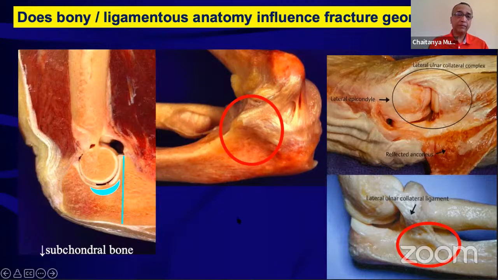On the extreme left, you see the bare area of the proximal ulna, where you don't have any articular cartilage. That area measures between 5 and 6 millimeters, and the amount of subchondral bone is less. So there are strong zones and weak zones: the weak zone being the bare area of the proximal ulna, and the strong zones being the points of ligamentous attachments. Therefore, your fracture lines will predictably generate between these areas.